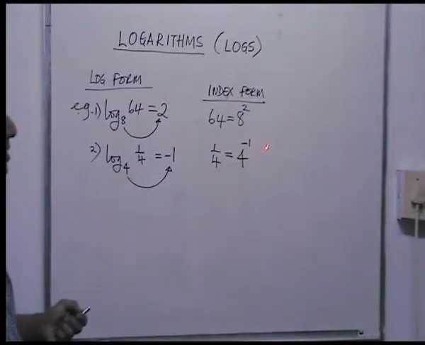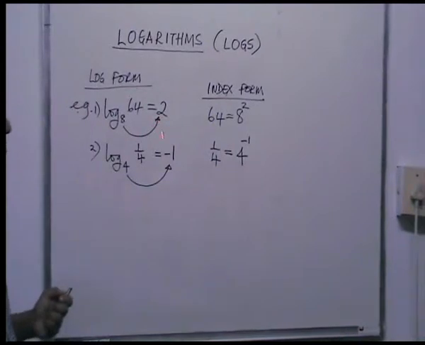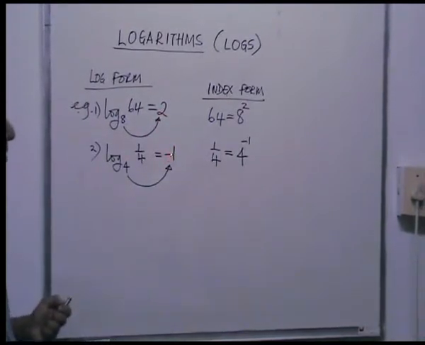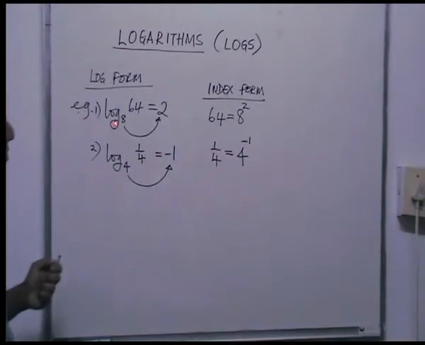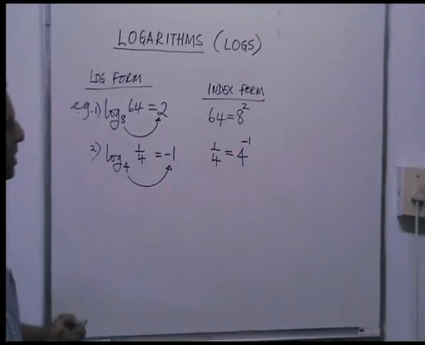So you can see now in this example I'm showing you that the logs can be positive or negative. And I'm also showing you how to rewrite from log form to index form.